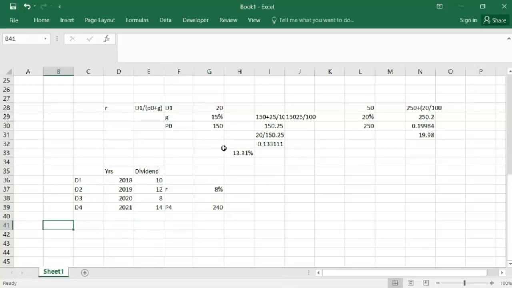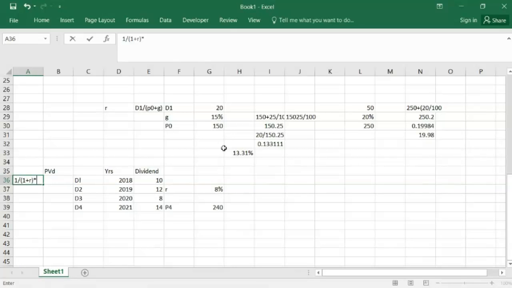Based on that, you need to work out what exactly the growth rate is, what exactly the value of the security in the market is. So I'm going to calculate the present value of the dividend paid by the company. I'm using the formula 1 divided by 1 plus r to the power n.